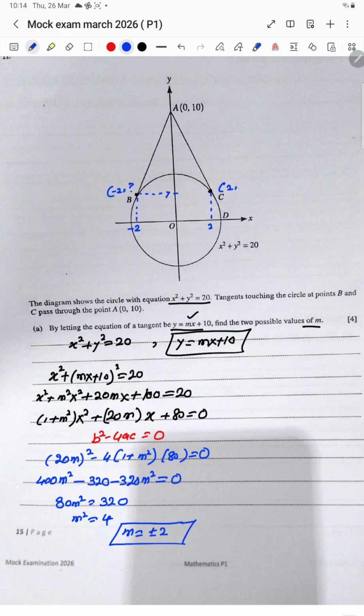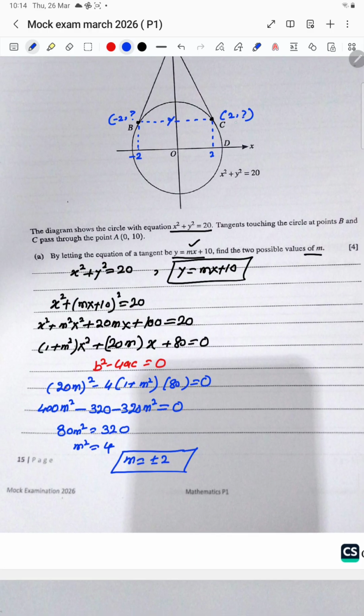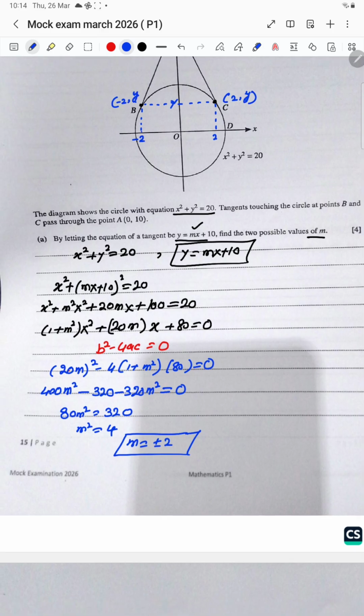Y we are looking for, what will be the Y to get the coordinates of C and D. So here we don't have Y, so we have to calculate Y.